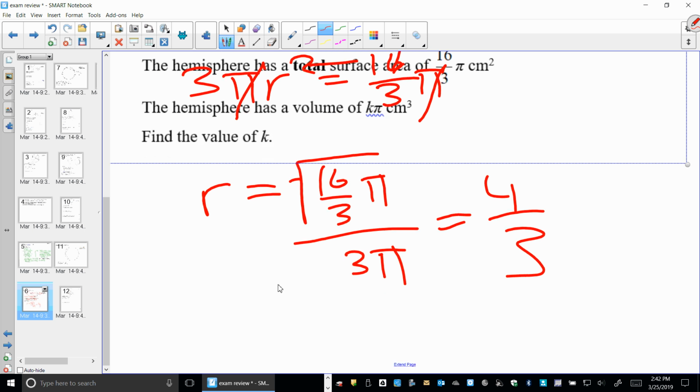So that means that we could write r squared equals 16 over 3 divided by 3, which is 16 over 9, and the square root of that gives you the 4 over 3. But if you used your calculator and got that, then that's awesome. But just knowing that here, if you've got pi on both sides, you can just cross it out. That makes life a little bit easier sometimes.